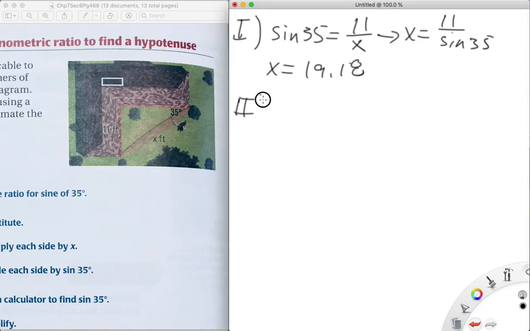And then after that, I could find the other leg by saying cosine of 35 equals adjacent, which is y, over hypotenuse, which is the 19.18.